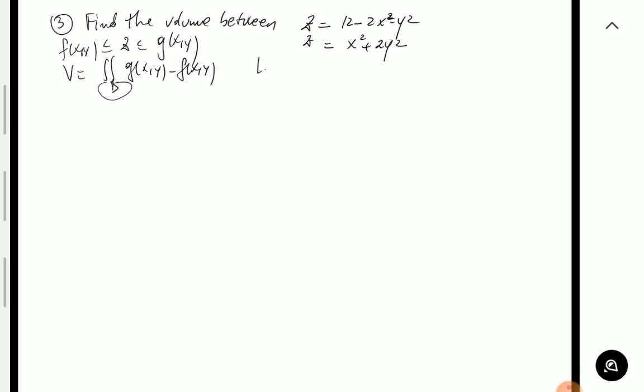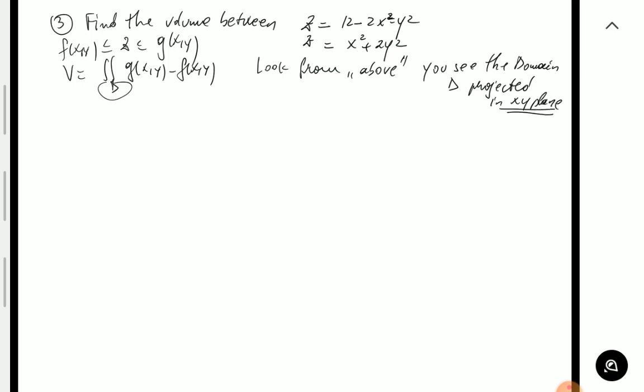But intuitively, if you look from above, I'm going to put this in quotation marks because it doesn't have to be just along the z-axis, but because it's along the z-axis, it's like you look at it from above, then you're going to see the domain D projected in the xy plane. Rather, I should say, you're going to see the surfaces projected in the domain D in the xy plane.